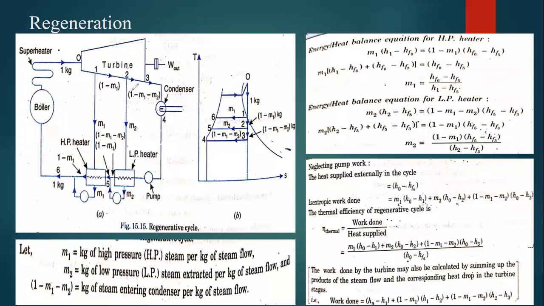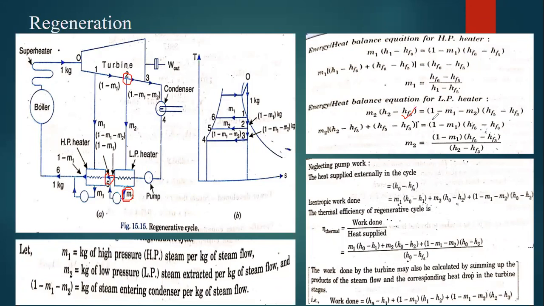M2, and the enthalpy is H2. And the output for these M2 kg is HF5. So this is M2 into H2 minus HF5.